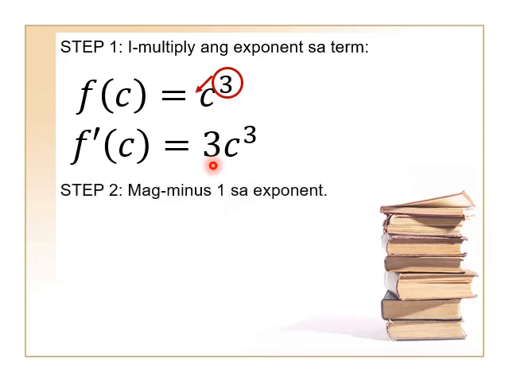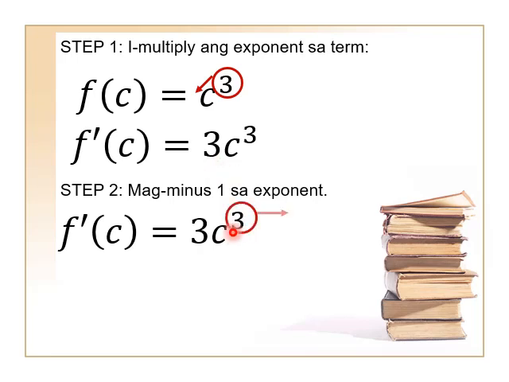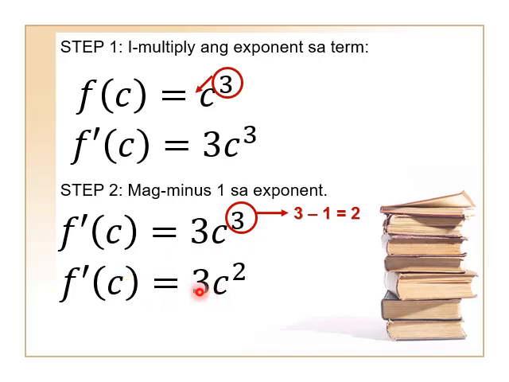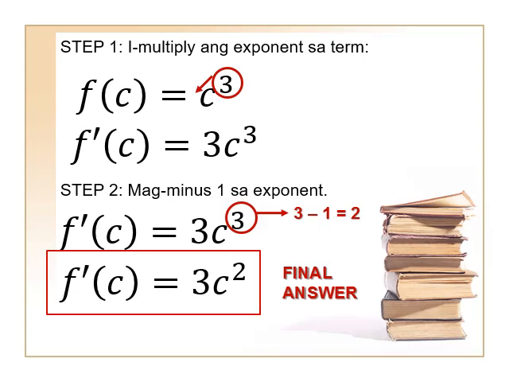And then, our next step, magma-minus tayo ng 1 dun sa exponent natin. Kaya, dun sa 3, magiging ano yan, 3 minus 1 is equal to 2. Okay, so therefore, magiging answer natin is 3c squared. Okay, so yan ang final answer natin. So, ito yung derivative, f prime of c. So, 3c squared.